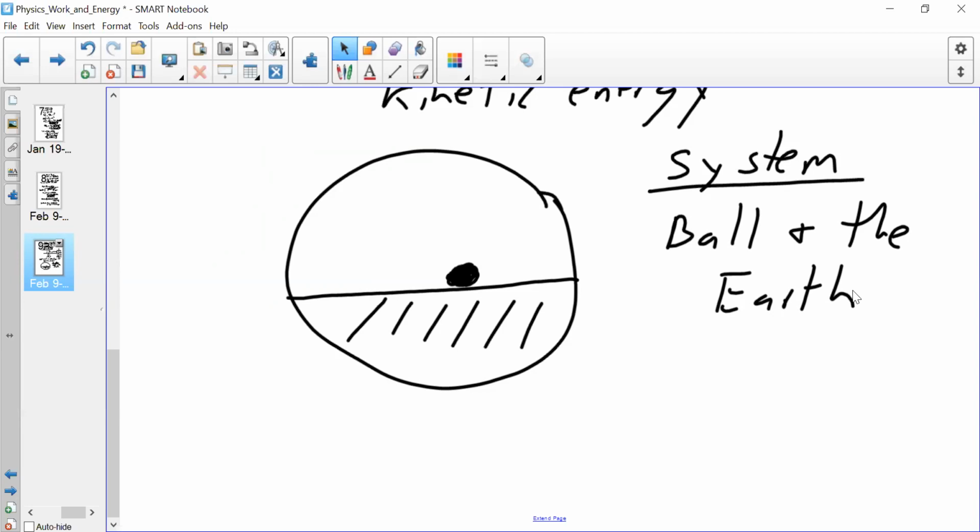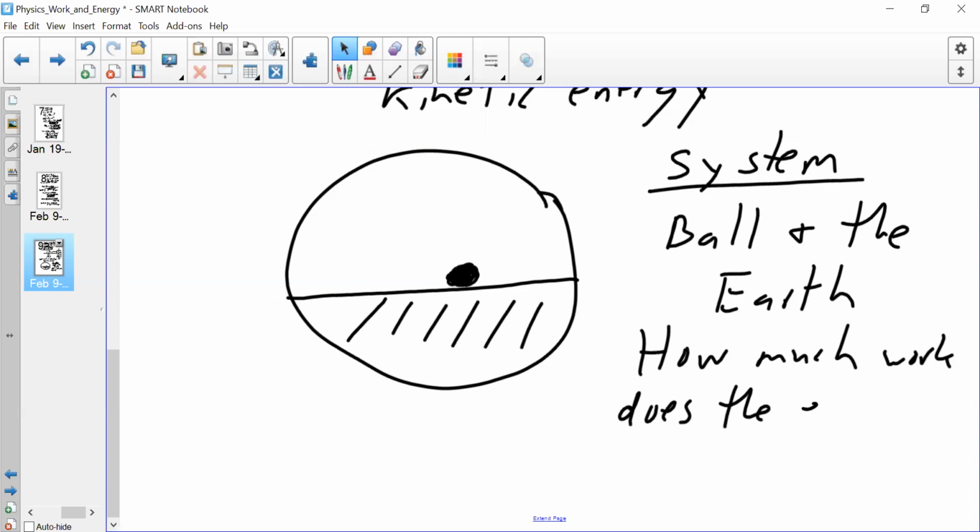So how much work is done by the earth on the ball? Anybody want to take a stab at that? The ball is just resting. How much work does the earth do on the ball?